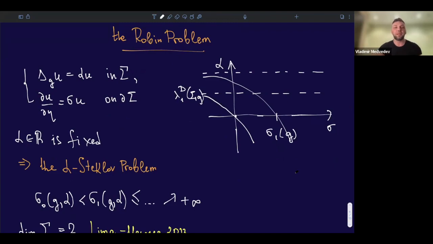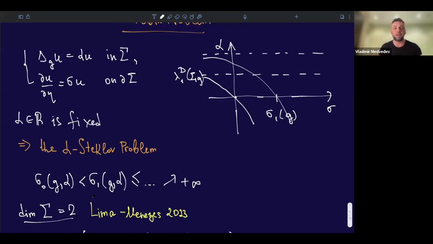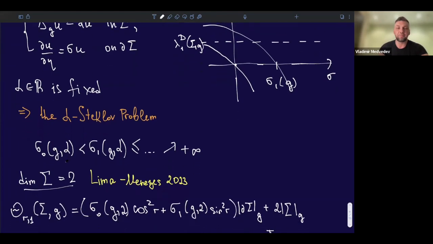But if you fix alpha, then you get a sequence of eigenvalues, sigma J alpha, which look like the Steklov spectrum, but I'm going to call them the alpha Steklov spectrum, and the corresponding problem is called the alpha Steklov problem.